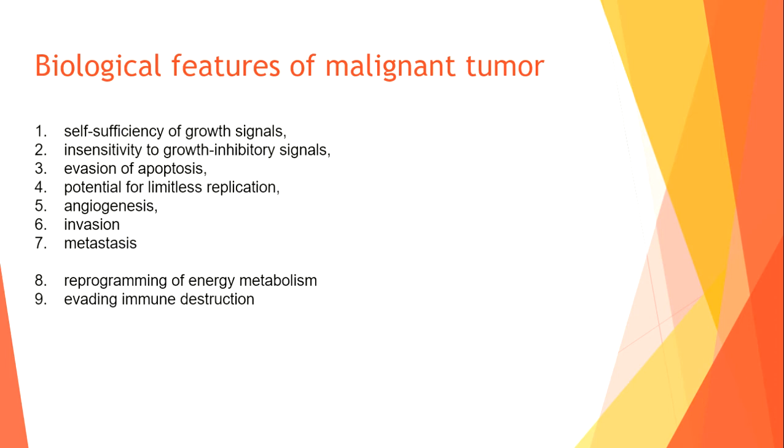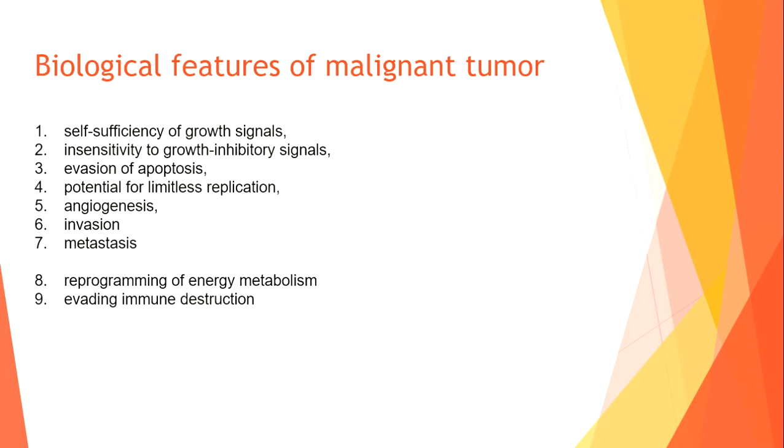From the first and second points here, we have potential for limitless replication, because if we have a self-sufficient cell with insensitivity to growth inhibitory signals and evasion of apoptosis, it is logical that it has potential for limitless replication.